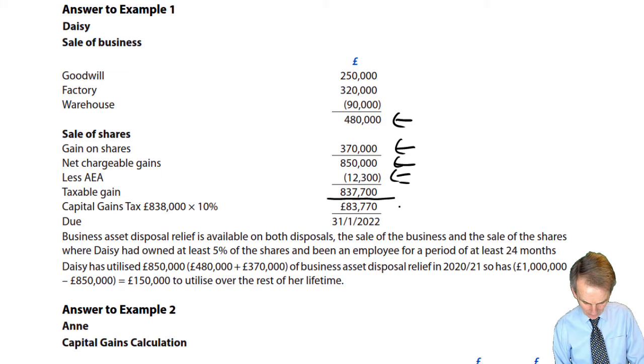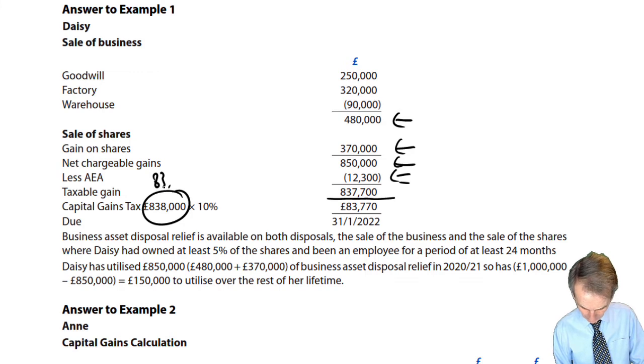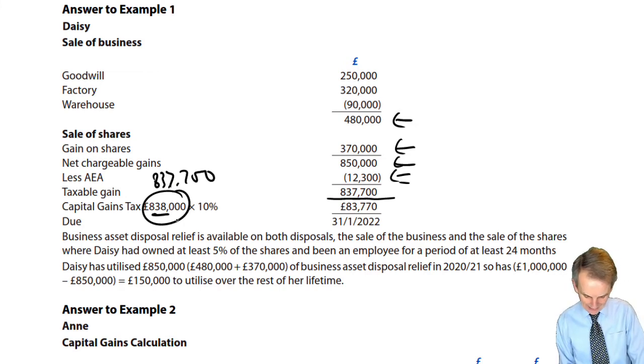Oops, that should be 837,700, not 838,000, my apologies for that. But that at 10%, yes, that's correct, is £83,770.